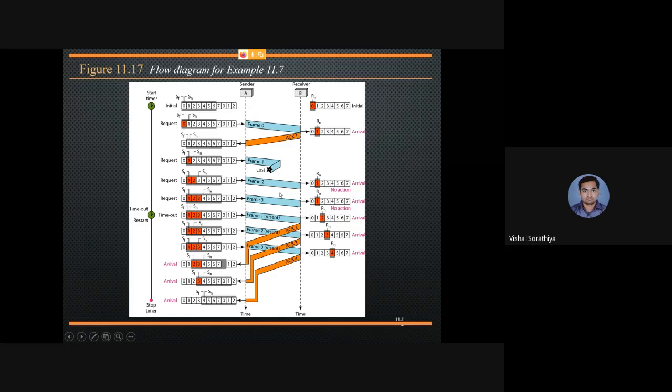Frame 1 was lost, and its acknowledgement never arrived until the timer expired. So Go Back N ARQ automatically sends frame 1, frame 2 and frame 3 again, due to frame 1 being lost. In Go Back N ARQ, resending starts again from the lost frame after the timer expires. Why? Because on the receiver side there is only one frame window.